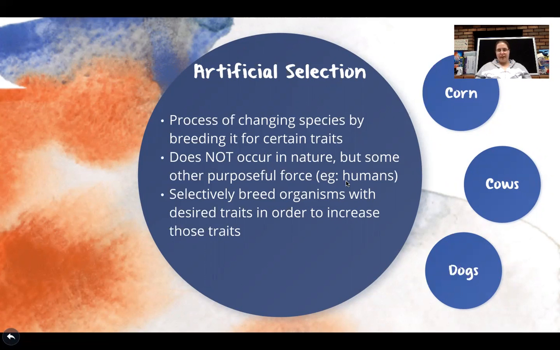So it doesn't occur in nature. There's some kind of purposeful force behind it, such as us. We can also call this selective breeding. So we selectively breed organisms with desired traits in order to increase those traits. So it's not necessarily because those traits help an organism to survive better. We breed for those traits because they help us in some way.